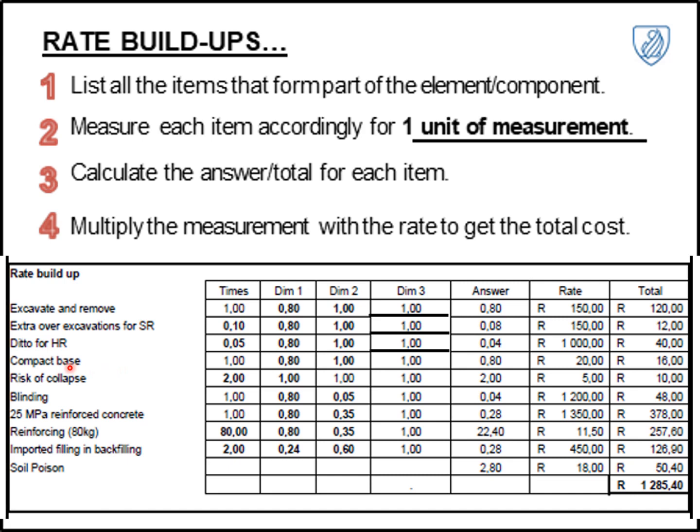I'm just looking for an item that is only one dimension. Soil poisoning is also square meter. Imported filling is also cubes. Reinforcement is a rate per cube, so it is a kilogram timesing your cubes for your concrete.